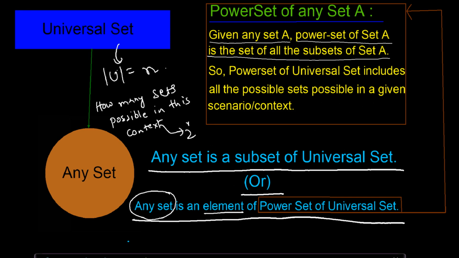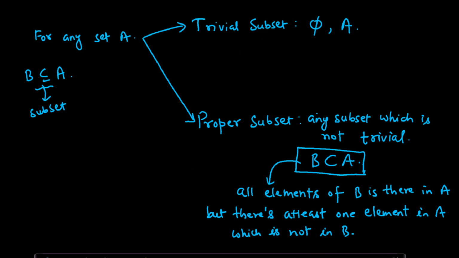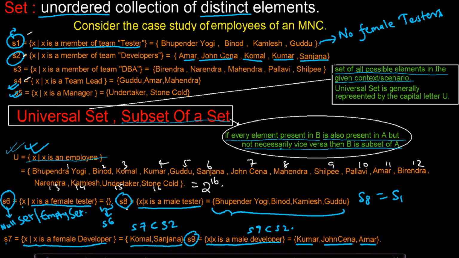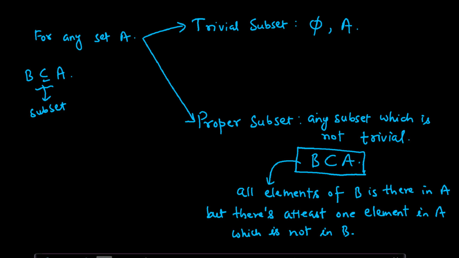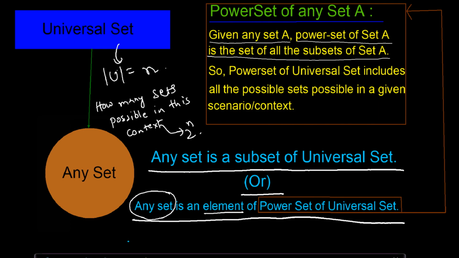That is going to be 2 to the power n. Of course, 2 to the power 16 different sets are possible, but that's not what happens in practice. You want to know what is a manager, what is a team lead. 2 to the power 16 sets are possible, but many of them will be meaningless in a real scenario. But anyways, that's it.